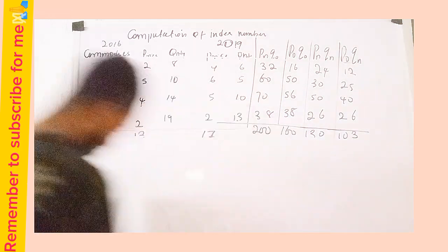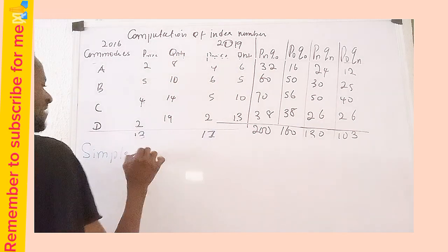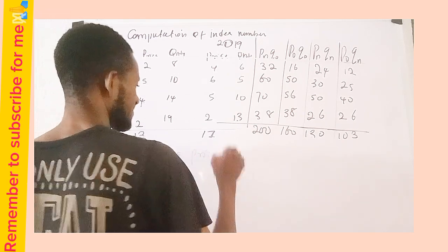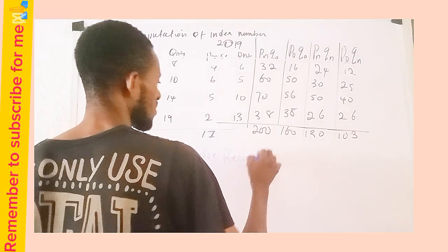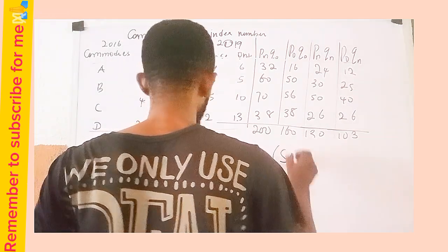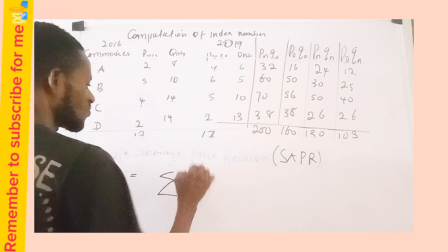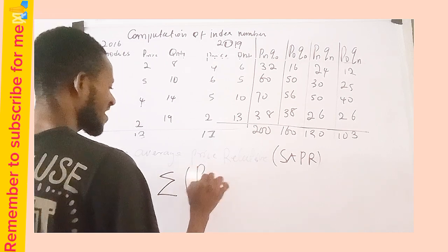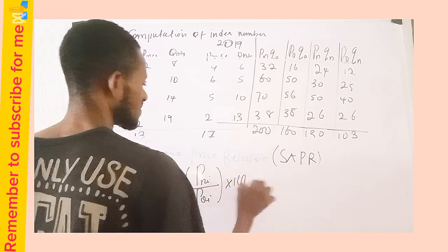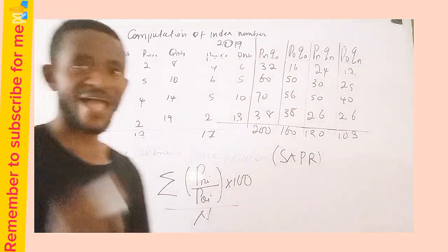When we talk about the simple average price relative, which we earlier said the abbreviation of is SAPI, it is given as the sum, you open a bracket, of P_ni all over P_0i, multiplied by 100 all over capital N. Capital N is the number of items involved.